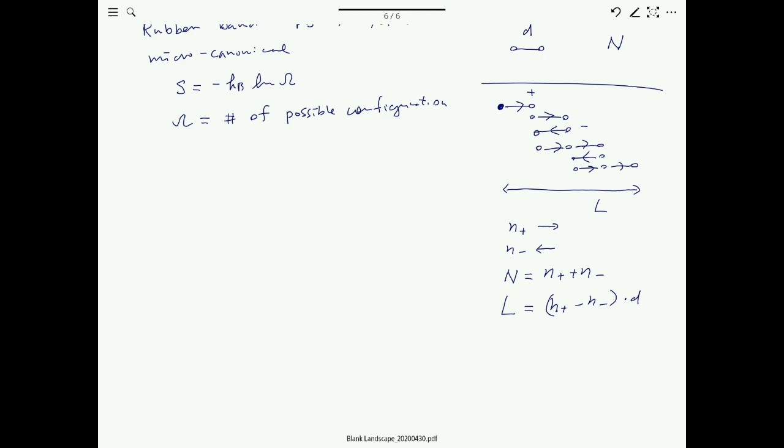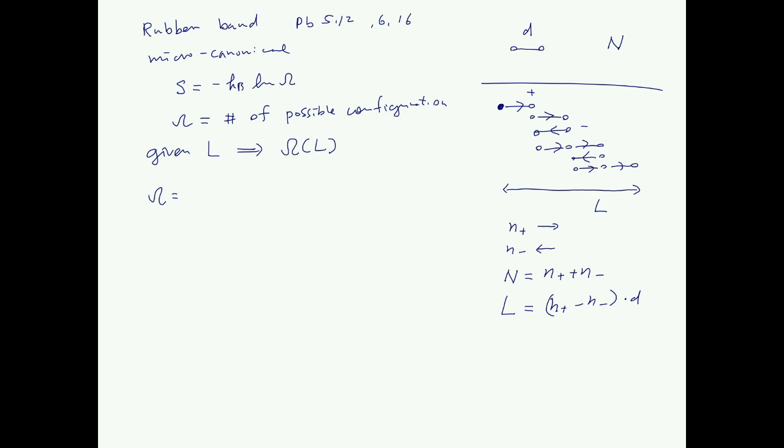Okay, so now if I give you L, then I want to find the number of possible configurations that can give me total length L. This is simple because I have to take, out of this capital N segments, this specific one, n plus.